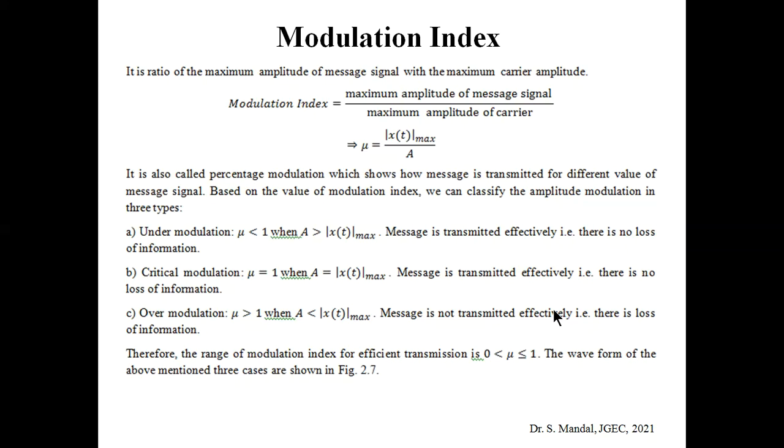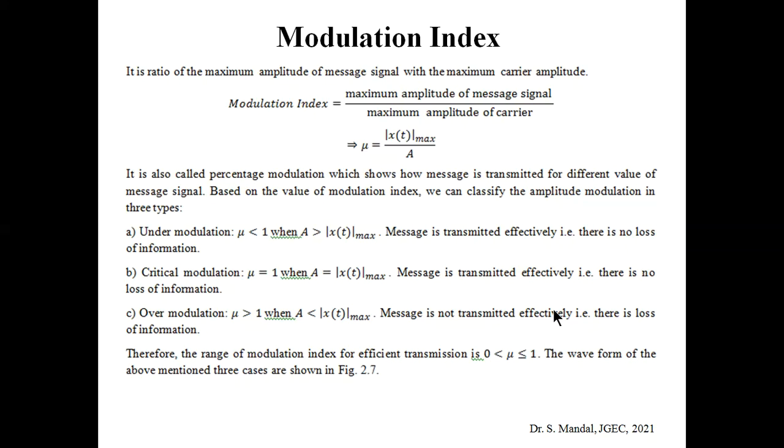Now, based on this modulation index, there are three types of AM or amplitude modulation. Conventionally, DSBFC is used as the conventional AM representation. If we are using the term only AM, that denotes DSBFC.